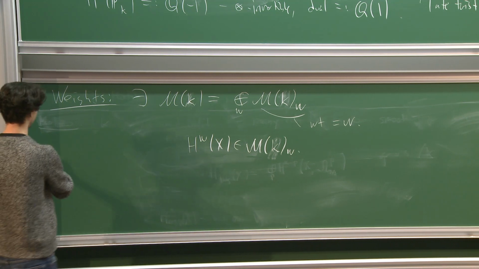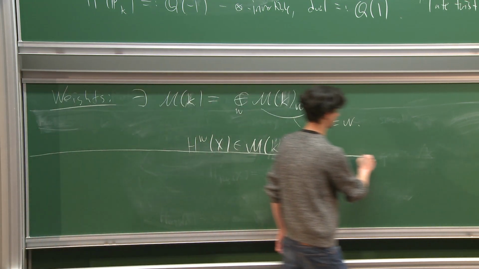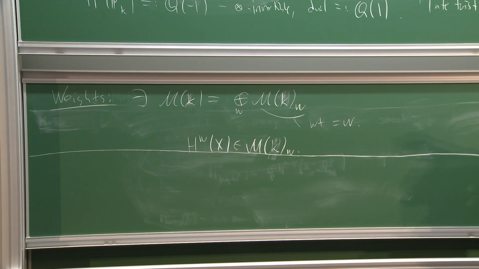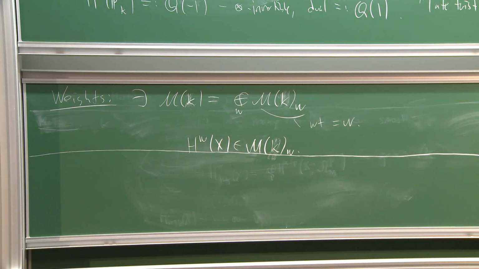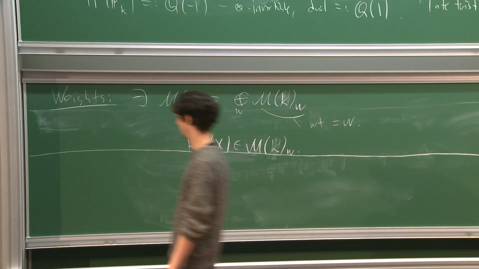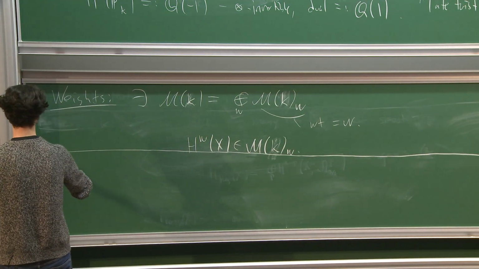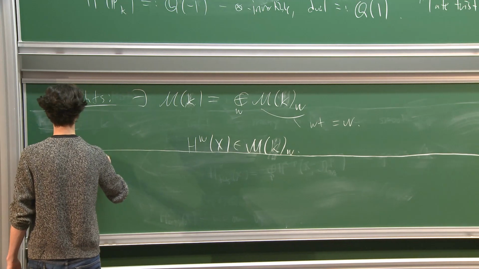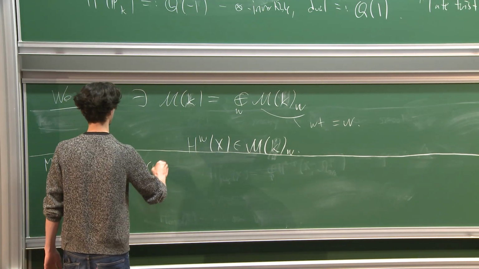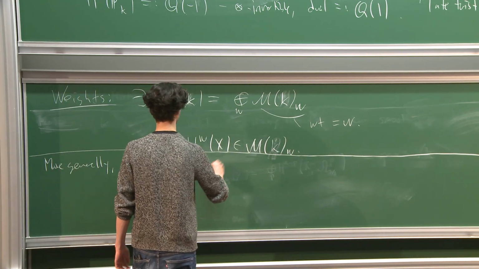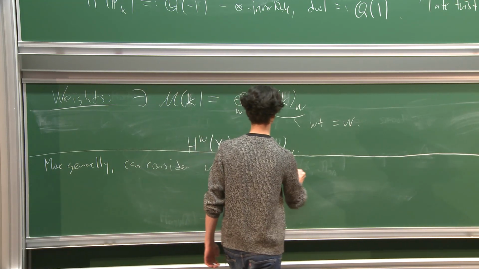Okay, so actually I'm not just going to be talking about motives over an algebraically closed field or a field, but motives over a more arbitrary base. And I'll be even more vague about that. So more generally, we can consider motives over S, for S a scheme.